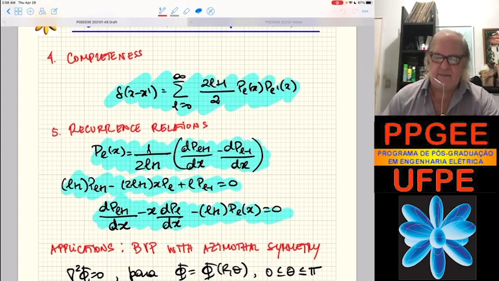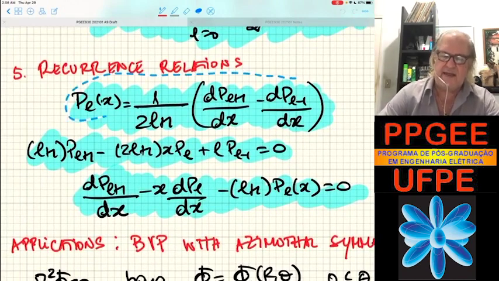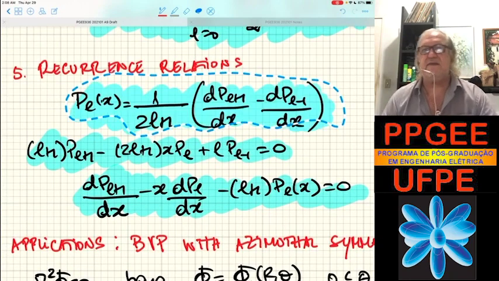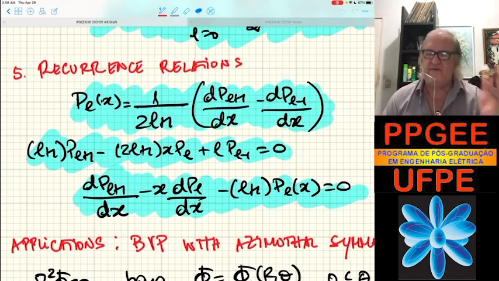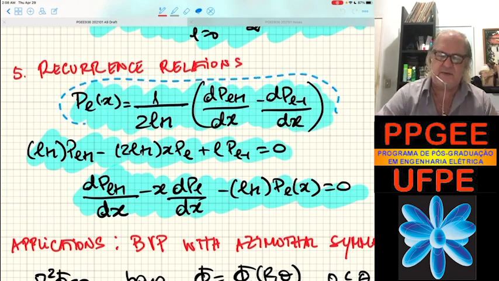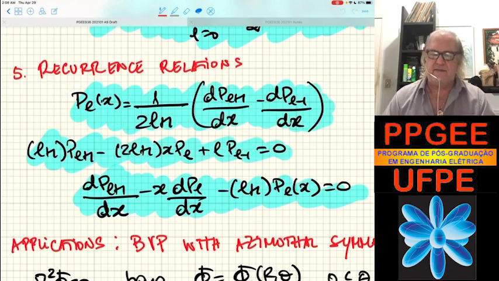So I have some important relations here, which are useful in calculating integrals involving functions in product with Bessel functions. Sometimes these properties allow you to calculate integrals much more easily. You can find those properties in Jackson when it treats the Legendre polynomials.